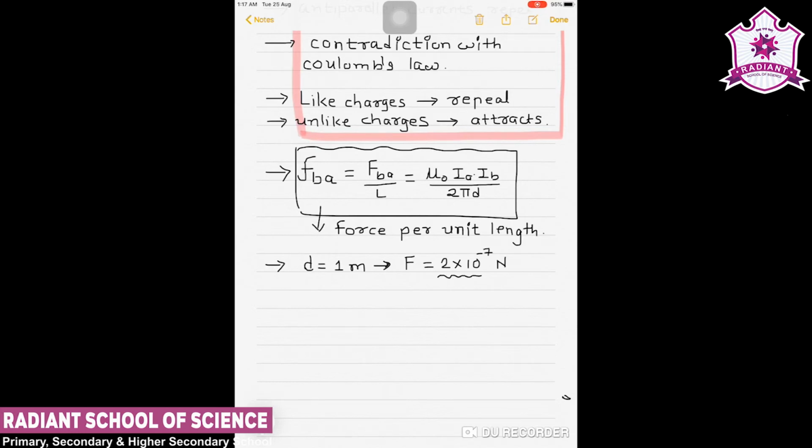So if it produces this much force per meter of length, then this current is called 1 ampere. So again, what is the definition of ampere?